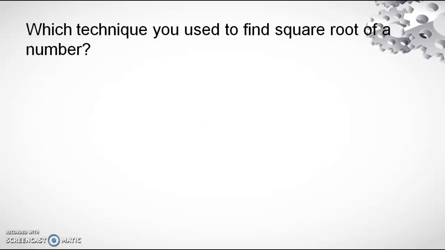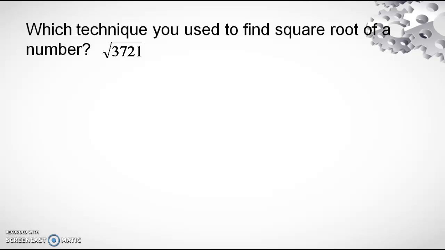So before we start, I want all of you to think on which techniques you use to find square root of any number in your school, and I want all of you to stop this video and find square root of root 3721. I think all of you have tried, so I am sure that most of you must have found it very difficult to find square root of this number.